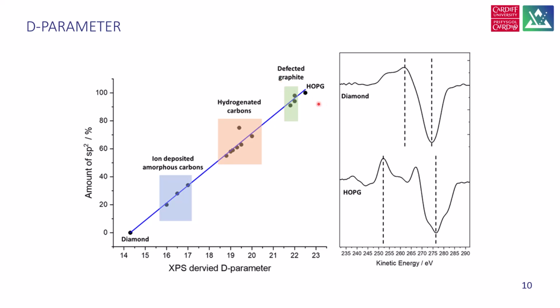And they could correlate the amount of disorder or amount of damage, or if you like sp3 character within the sp2, by a straight line agreement between a value of around 13 to 14 to a value of around 23 or so. So that's a nice way of being able to get some information on the amount of sp2 content in the material.